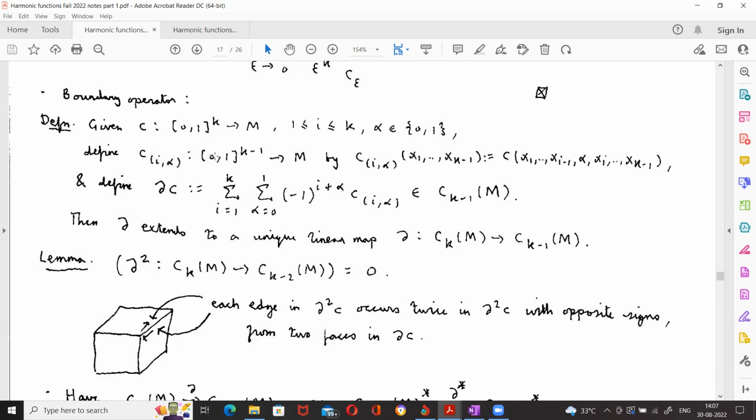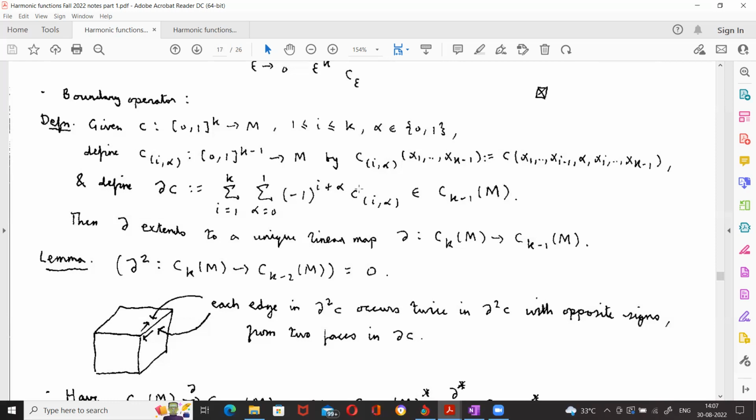And then you can define the boundary of C, which will be a sum of these faces, C_(i,alpha), but with appropriate signs. So this is defined to be the sum, i goes from 1 to k, alpha goes from 0 to 1, (-1) to the power i plus alpha, C_(i,alpha).